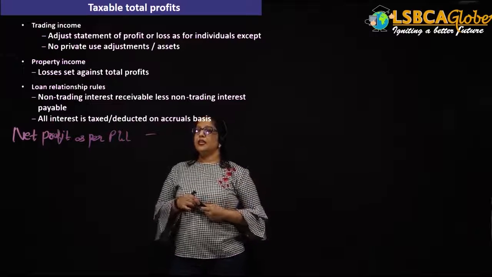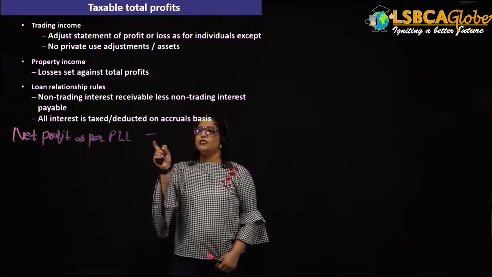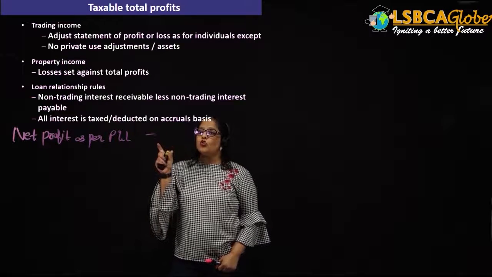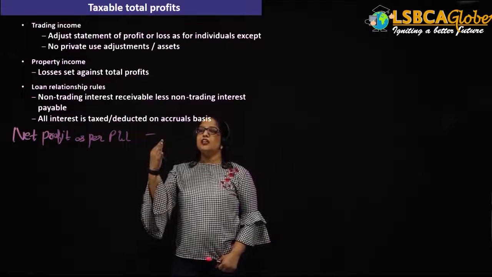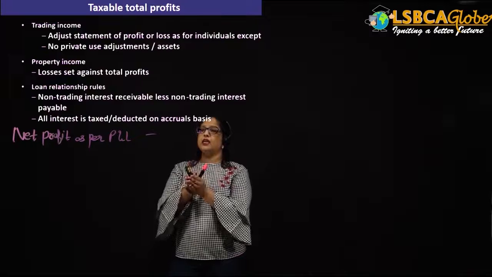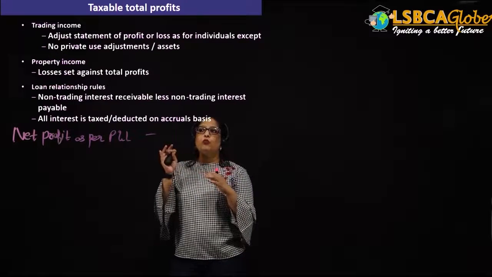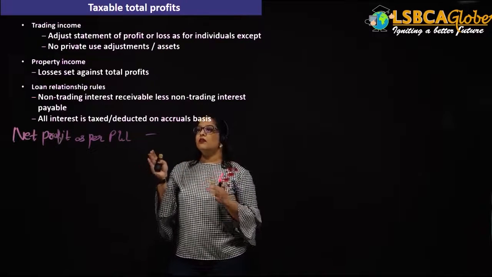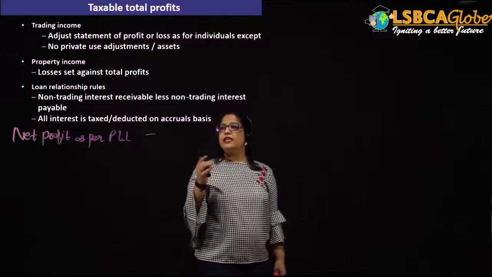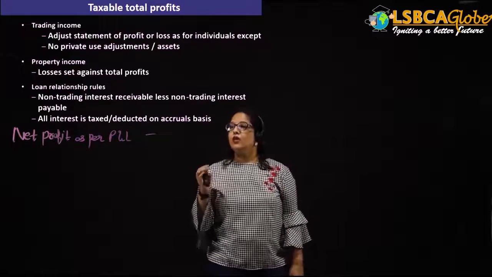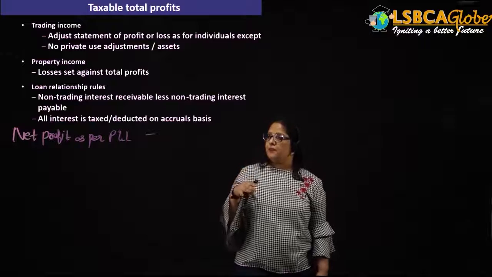So, class, you will start from the wrong figure. The expenses which should not be there but have been taken here, add them back. Whatever the incomes are there which are disallowed but have been credited, just deduct them.